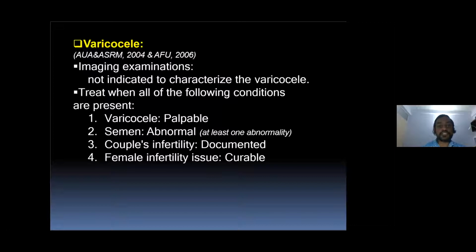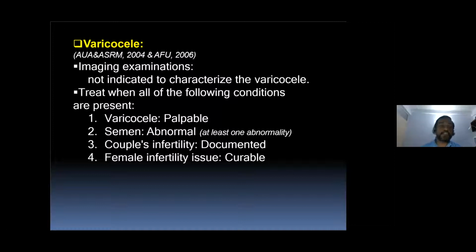And varicocele, as I said, it's about 60% of the cases. Varicoceles will be present in male factor subfertile males, but as I said earlier, to characterize the varicocele, it's not indicated to do imaging. But when you are planning to treat this patient, imaging studies would be indicated.